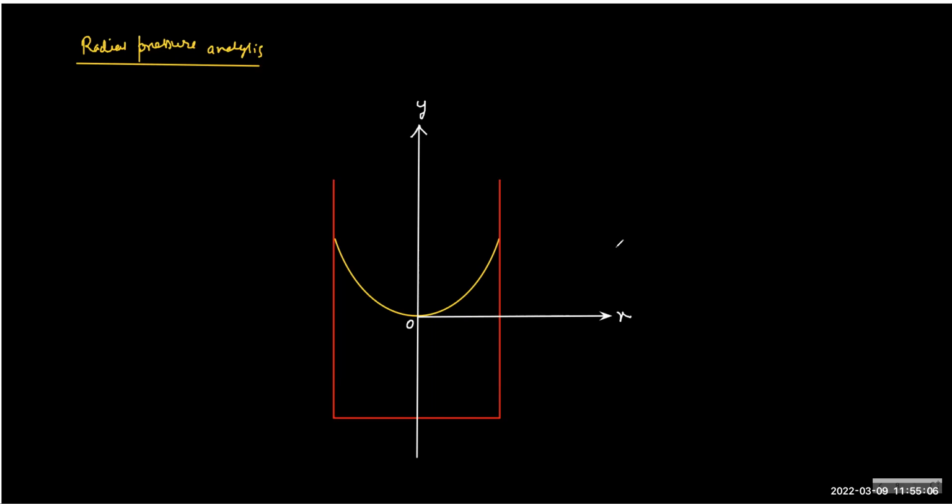Okay, so now here is the question. Can you do the radial pressure analysis and how to do that? Think about it. If you don't want to do it, just let me know, I'll solve it. No need to worry.